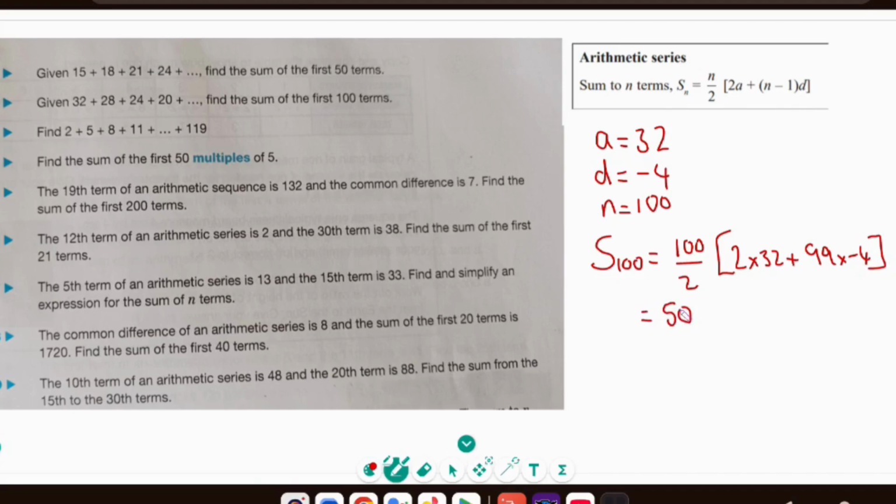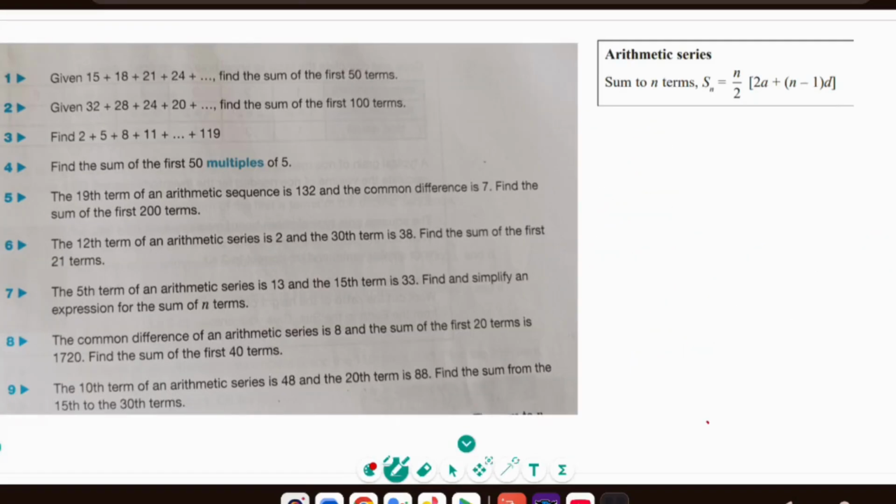Two times 32, add 99 times negative 4. Times by 50. Minus 16,600, which makes sense because it is a decreasing sequence.